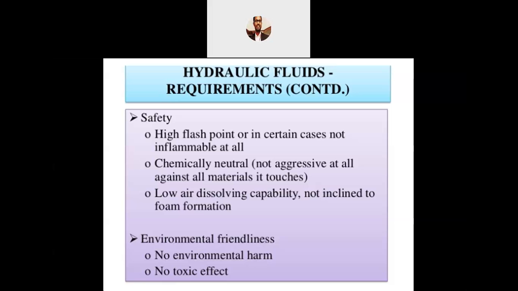Okay. Next one is chemically neutral, not aggressive at all against any materials it touches. For example, there are chemically active liquids which will react if you touch them. You might have come across many such occasions. It should be chemically neutral. Low air dissolving capability, not inclined to foam formation.